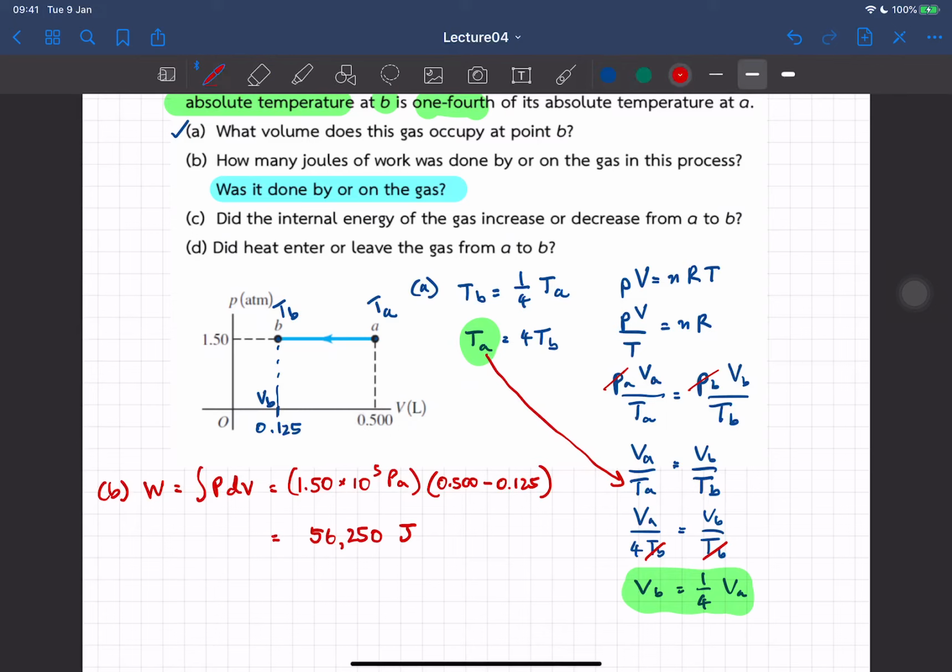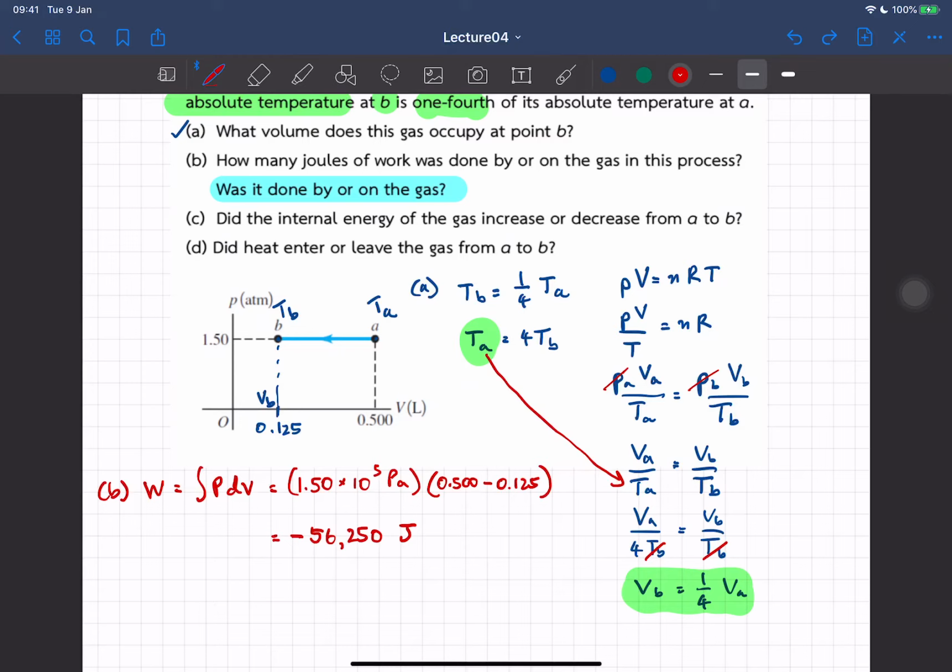So volume decreases. So that means you have negative work. So it should be negative here. So, okay, it's fine, but can I just stick in a negative sign here, even though I know it has to be negative because the volume decreased?